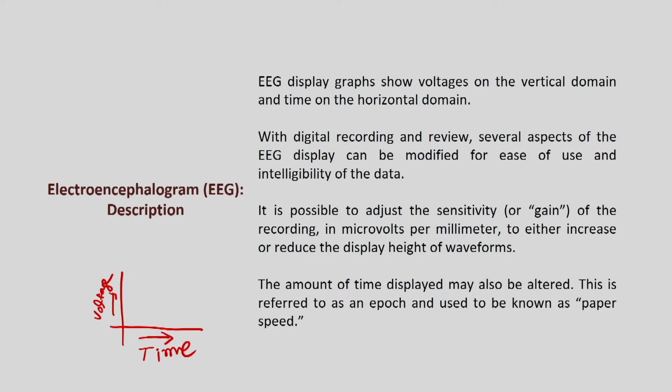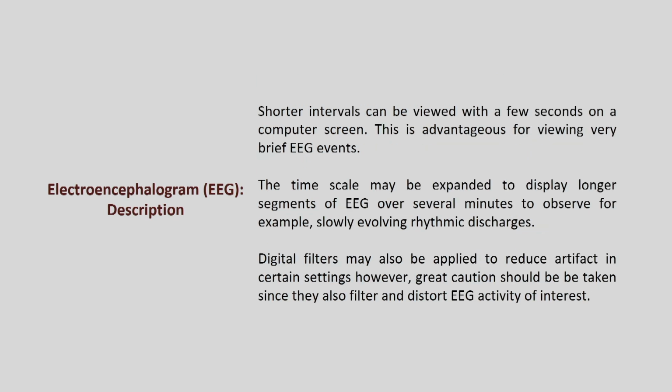The amount of time displayed may also be altered. This is referred to as the epoch, and used to be known as paper speed. Shorter intervals can be viewed, a few seconds on a computer screen, and this is an advantage for viewing a very brief EEG event. If it is very brief, we can capture it in the computer and see it.